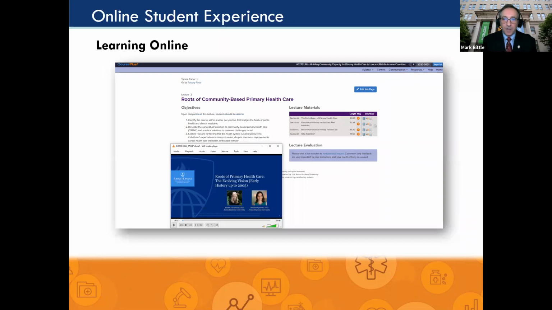This is an example of another class, the community-based primary healthcare class I mentioned. This just gives you an example of what a particular lecture page would look like. In this case, it's lecture 2. You can see the learning objectives. To the right under lecture materials, those are the recordings for each of the lectures. It's available for you to download. You can either click on it and listen to it right there, or download it to your computer and listen to it at your convenience, in the car while you're driving if you want.